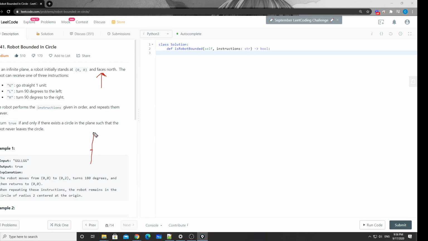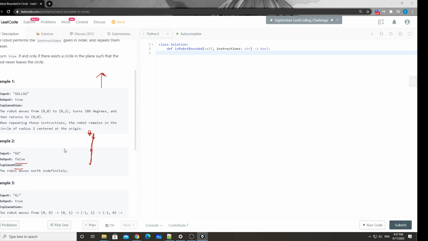Next, turn left, and turn left again, which is basically turning around. Then it does another move, going here and coming back. After this sequence of instructions, the robot came back to where it started. That's why the output is true.